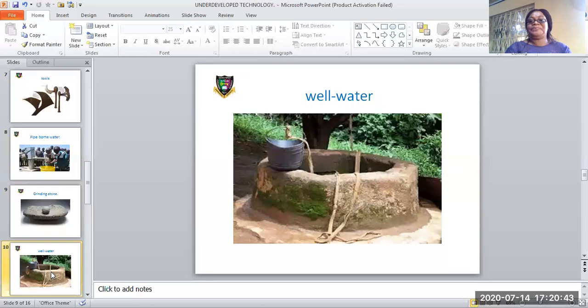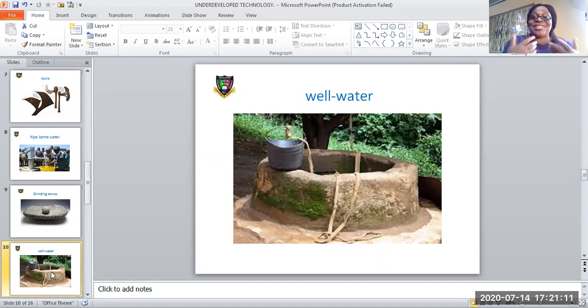The well. Every nook and cranny of that kind of place, you find well. Well water. The world has moved beyond that now. Scientifically, well is not acceptable. Do you understand? There's pipe-borne water running and flowing in our homes, in the kitchen, in the toilet, name it, anywhere you want.